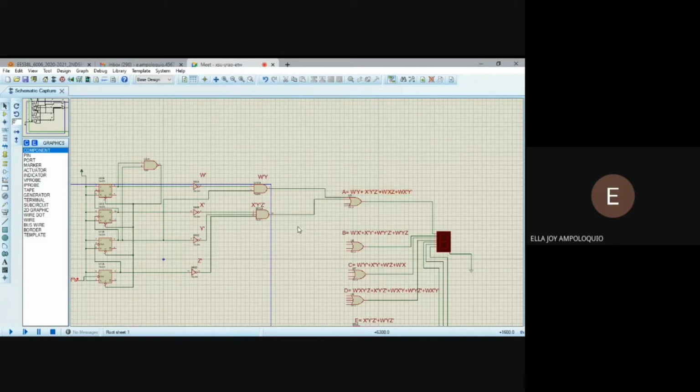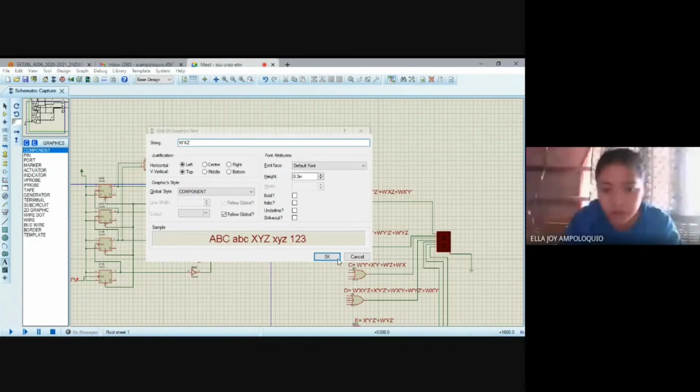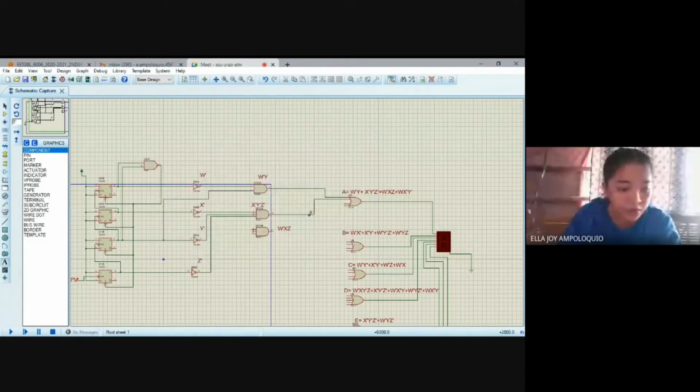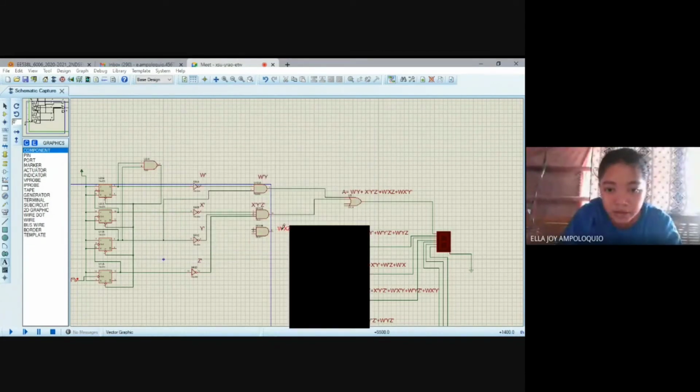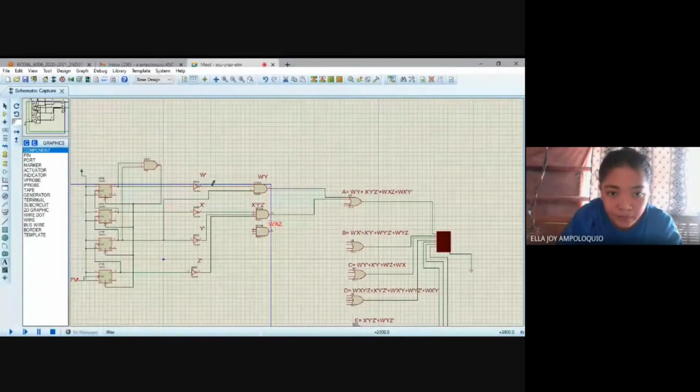Then I have W prime X Z. It has 3 inputs also, so I will also use the 3-input gate here. I have W prime X Z. W prime is directly connected here.